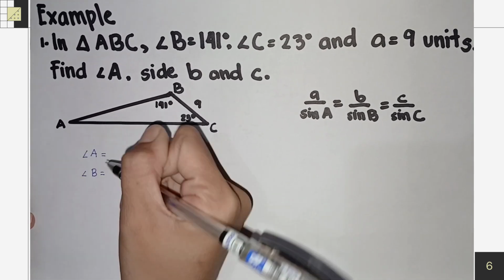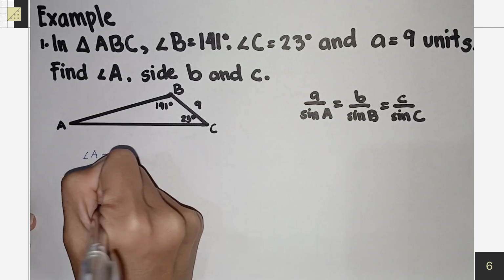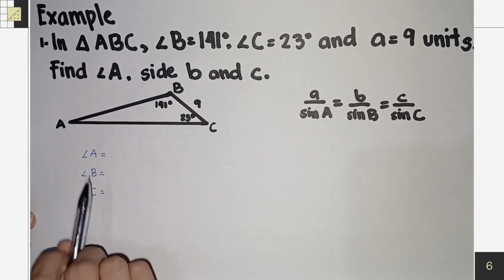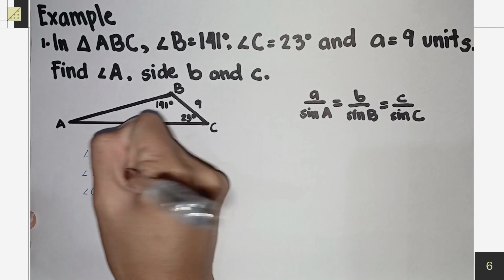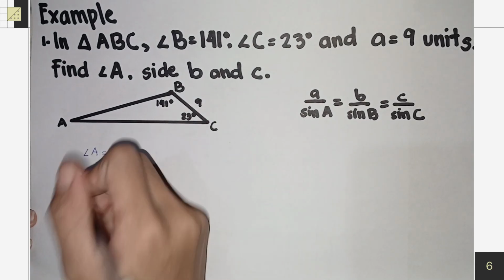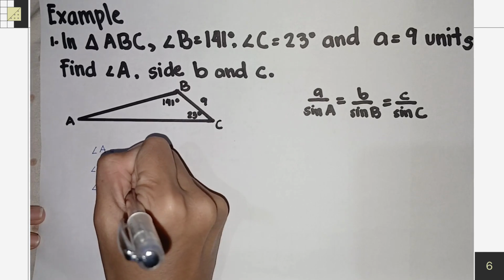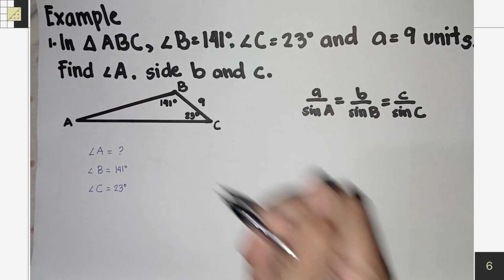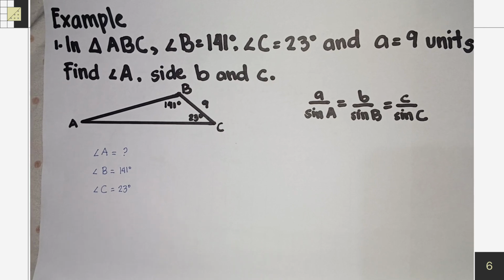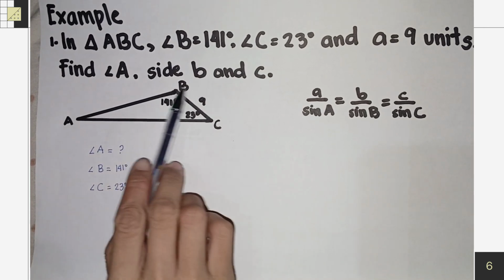Let's start with angle A, angle B and angle C. In the given problem, it's already given that B is 141 degrees and C is 23 degrees, while angle A is missing. Next, we will list down the 3 sides.